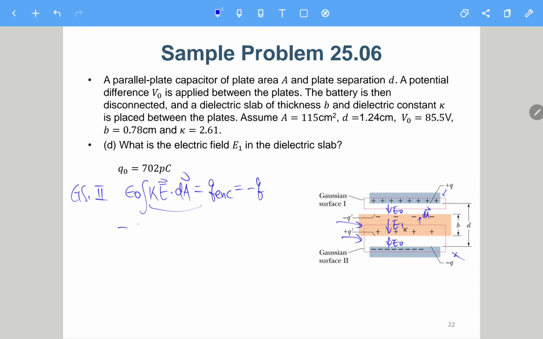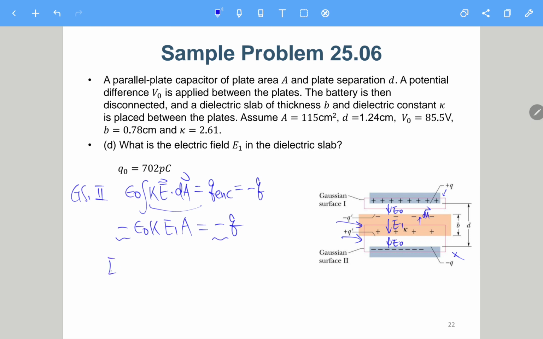So it is minus epsilon naught kappa E1 times A equals negative Q. Finally we have a negative sign on both sides, and they cancel. If you define Gaussian surface 2 the other way, both of them will be positive, and the result will be the same.